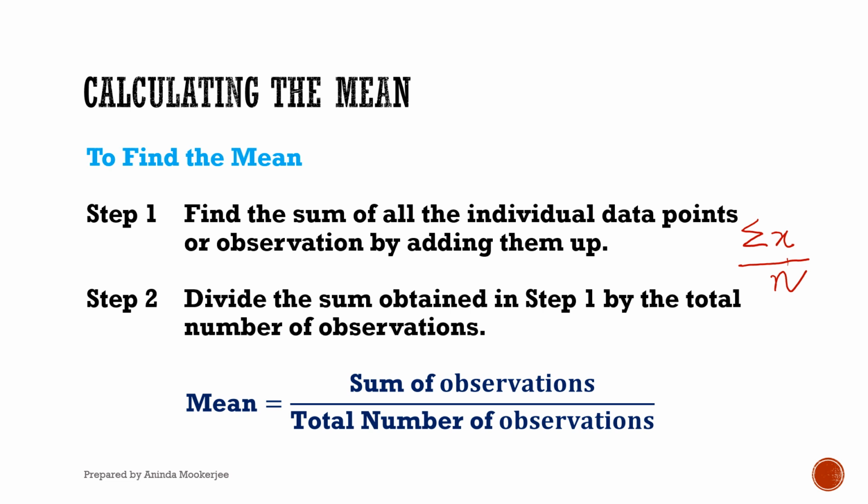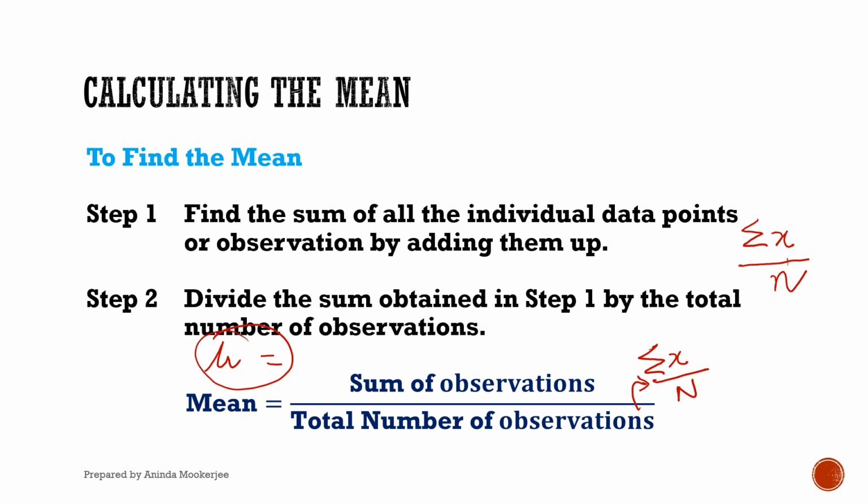Again, the formula here is mean, and I'm going to use the population mean notation first. So mu equals sum of observations, denoted by sigma x, divided by n if it is referring to the population mean.